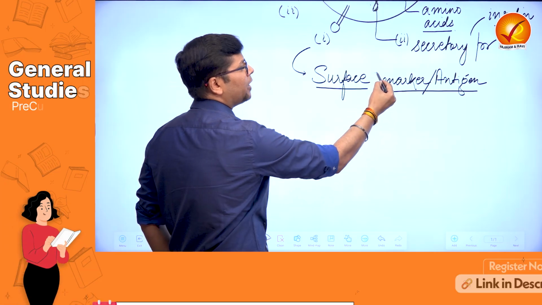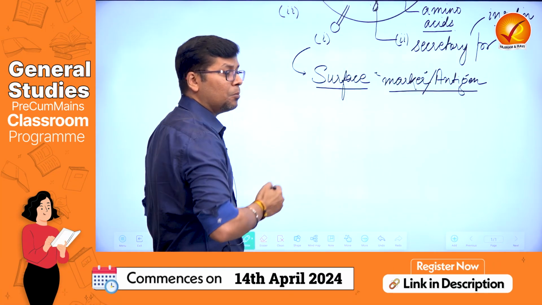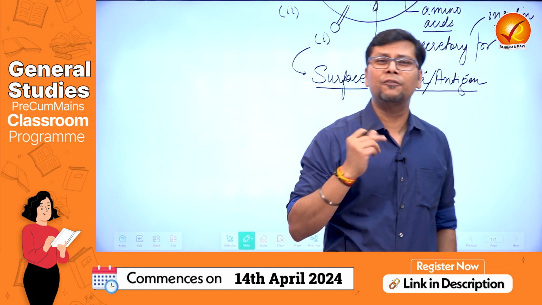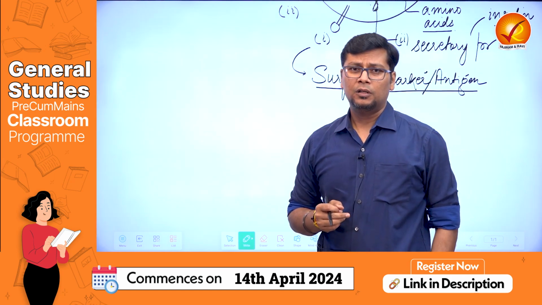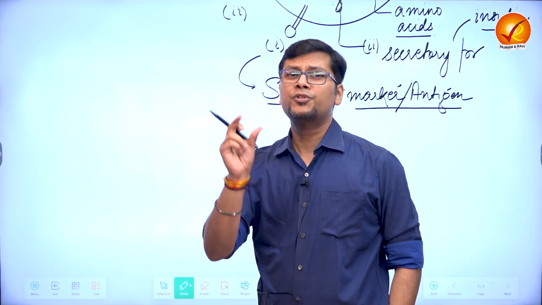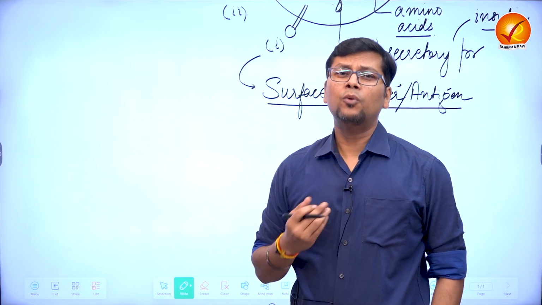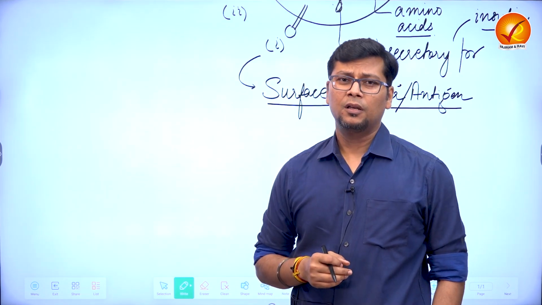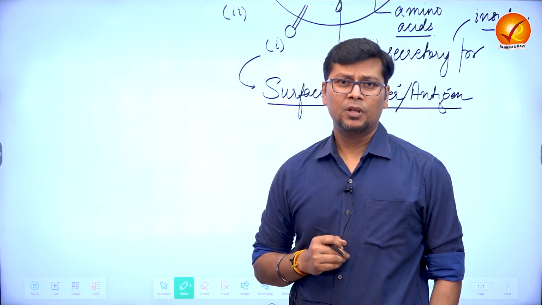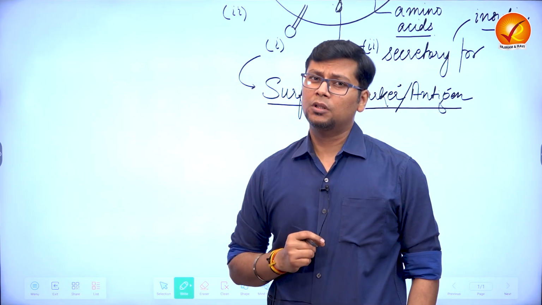But what do we mean by the marker? Marker is anything using which you can identify something. Let's say the house number written on the outer face of the building or the name of the owner. That is the marker, who the house belongs to.